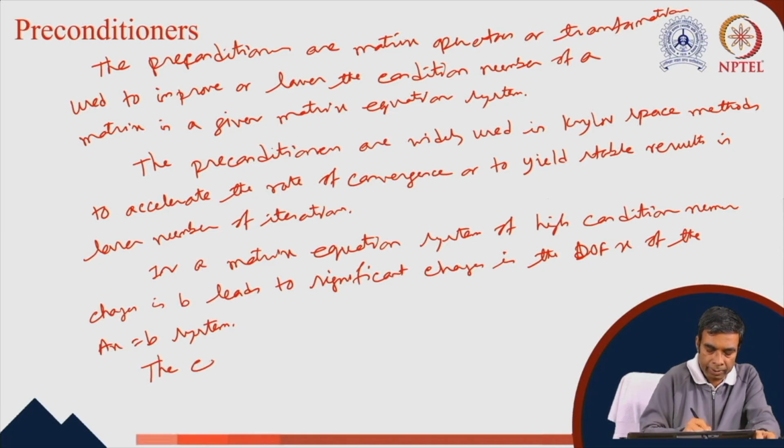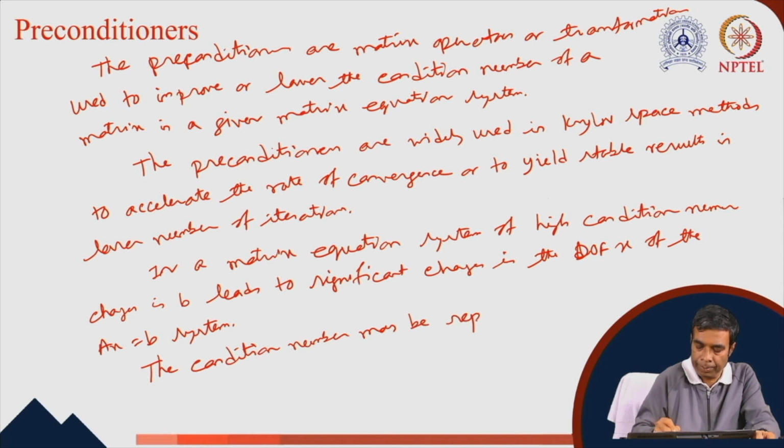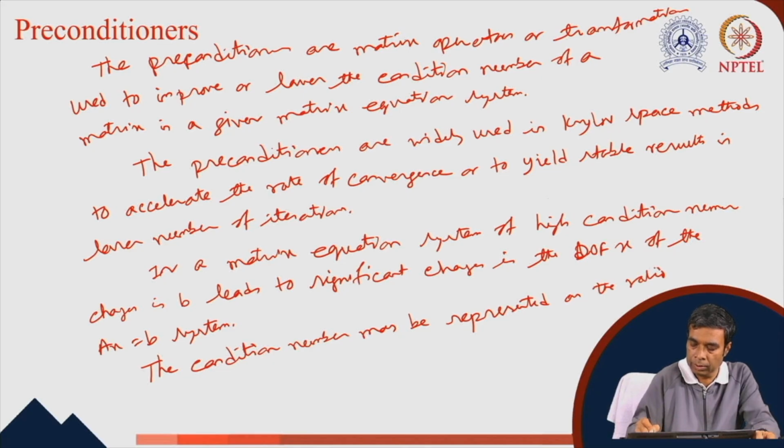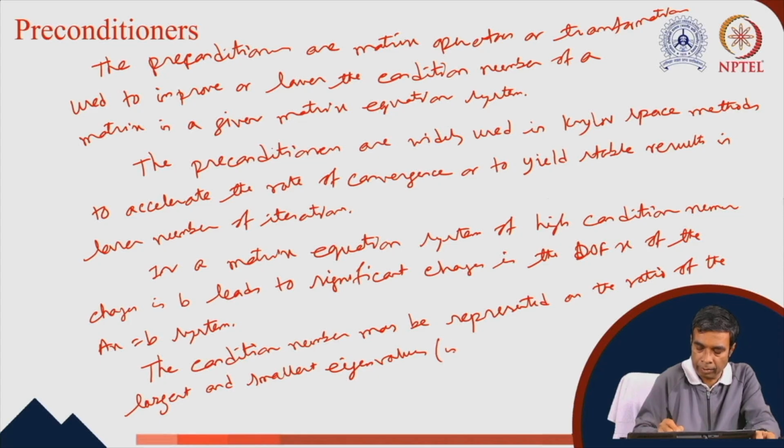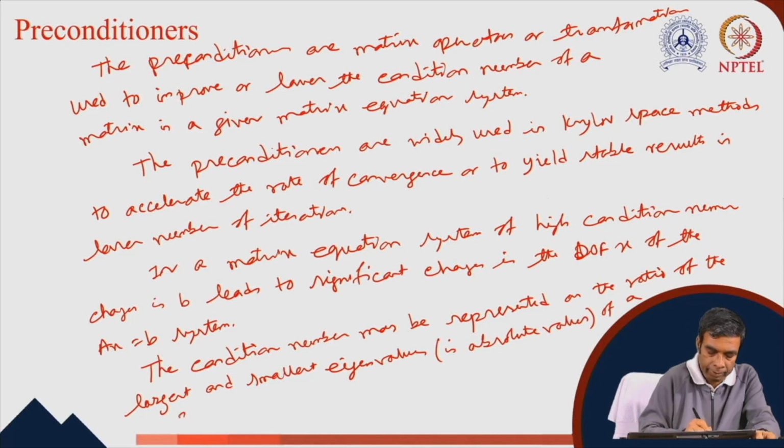The condition number may be represented as the ratio of the largest and smallest eigenvalues in absolute values of a given matrix.